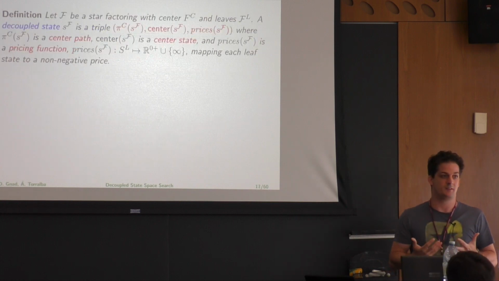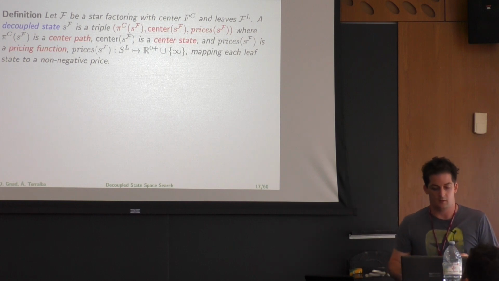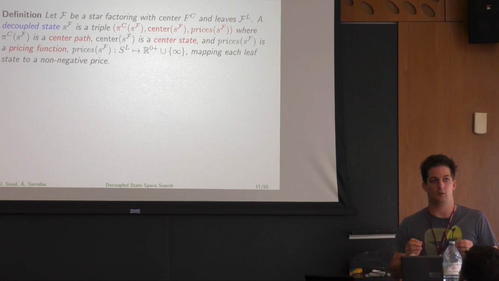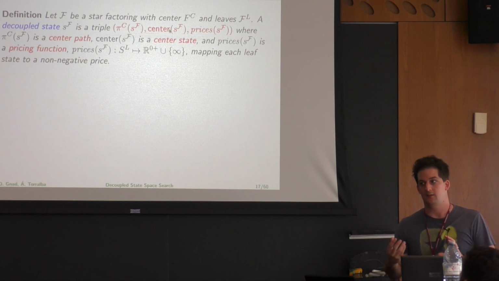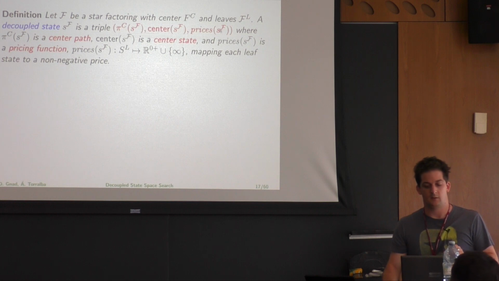So what is a decoupled state? Basically, a decoupled state is a triple that consists of the center path that leads to this state, so in our case, a sequence of drive actions. This results in a unique center state, of course. And the more important thing is the pricing function.